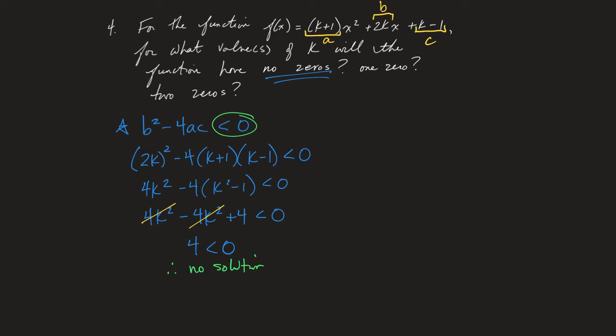And if less than 0 meant that there were no zeros or no roots, then that tells me that it's impossible for that equation to have no roots. That means I can always solve it. So under what conditions, or for what values of k, will the function have no zeros? It is not possible.